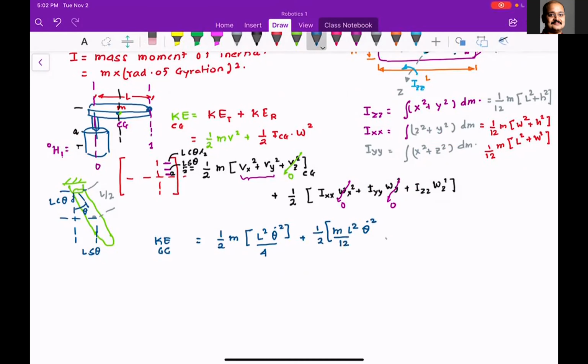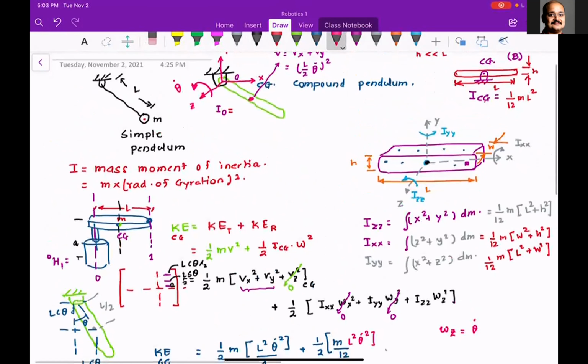And then for the theta dot square, can you explain again how we got that? Okay, omega z is theta dot, the angular velocity. Can you see that is theta dot? Yes. On the z-axis. Okay.